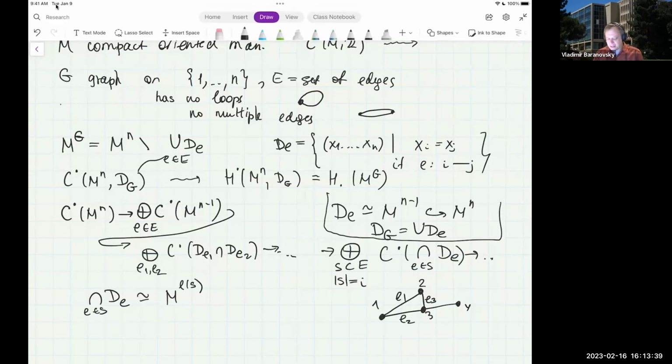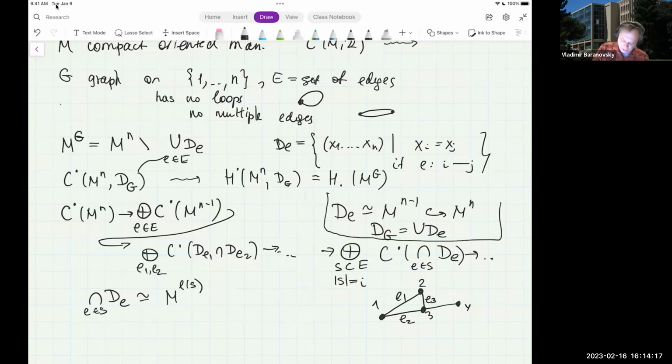But then when we start intersecting this with the diagonal of E2, the first 3 entries are equal to each other. The big deal here is that if we're looking at further intersection with the diagonal of E3, no further conditions are imposed. We're still requiring the 3 points to be equal to each other. Right. So this is why as we're throwing in one extra edge, sometimes our exponent of the Cartesian power changes, sometimes it doesn't change at all.